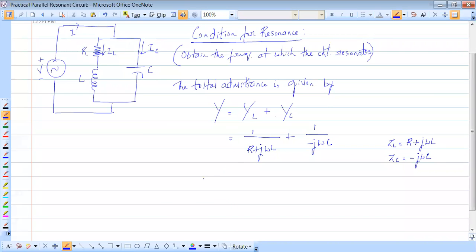So you remember all this, right? So in this particular method, you have R plus J omega L. If I multiply and divide this by R minus J omega L, there will not be any difference.